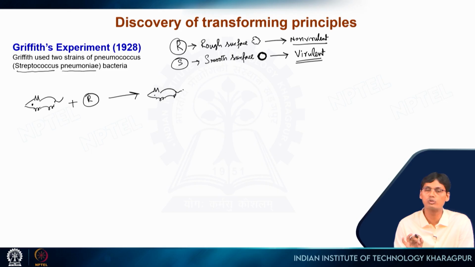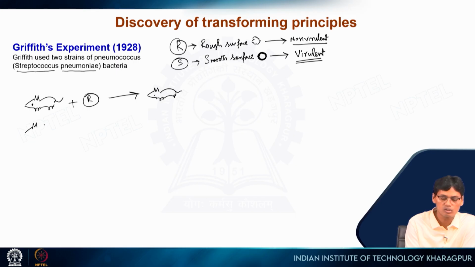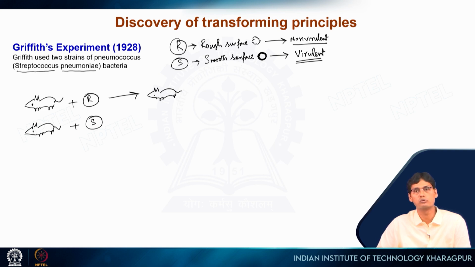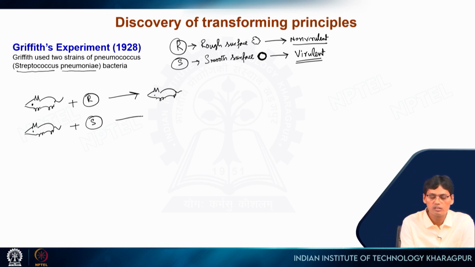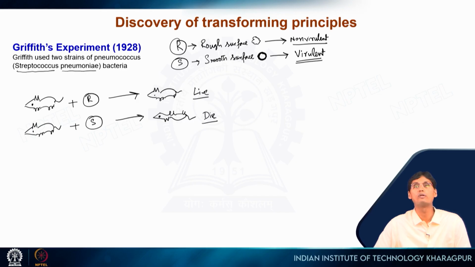Then, in the next step, he injected the S strain of bacteria into the mouse, and the mouse will die because the S strain is the virulent strain. This is plain and simple.